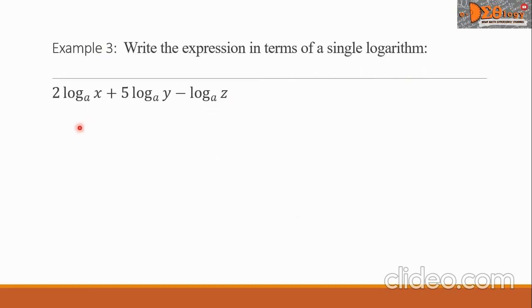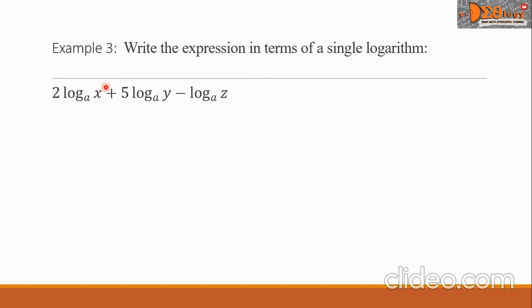We can observe here that the first 2 logarithms have constants in front of them. Here is number 2 and the other is number 5. We can simplify this by putting this constant as a power of the x.